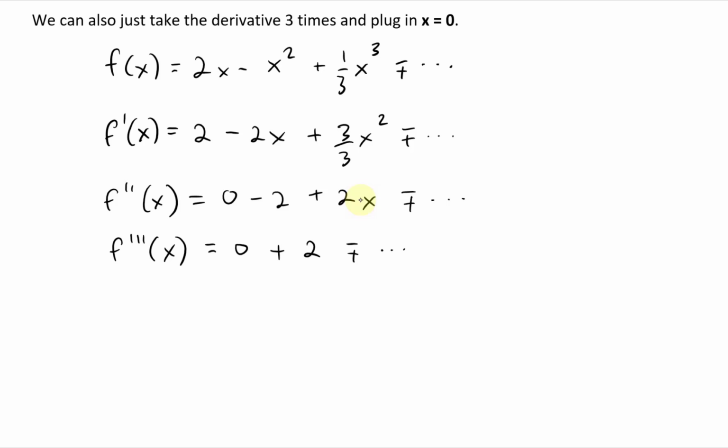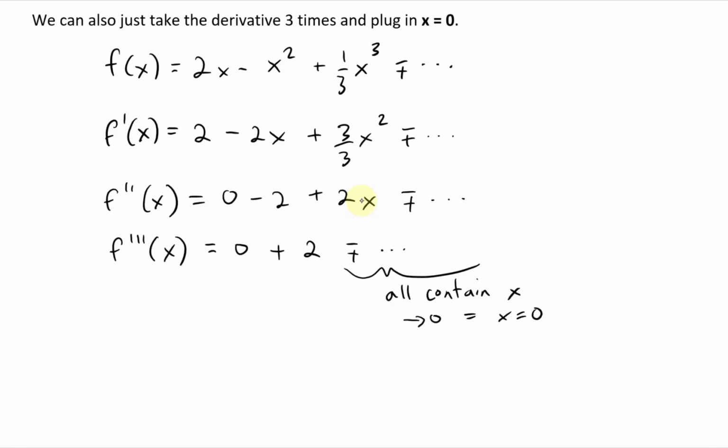And all these terms over here contain x, so they go to 0 as x equals 0. So they all equal 0, or better yet, when we plug in 0 there.